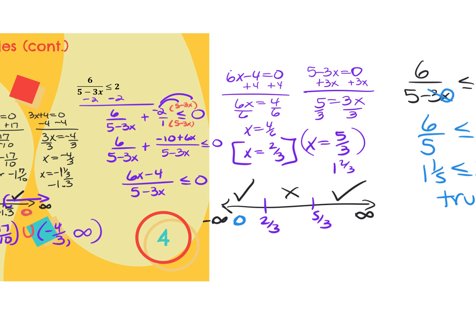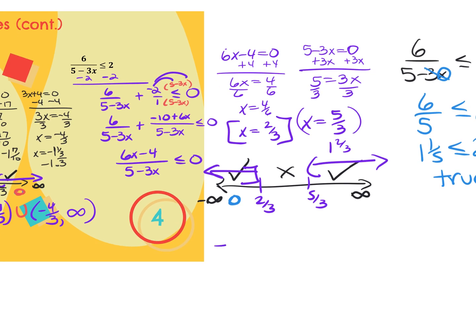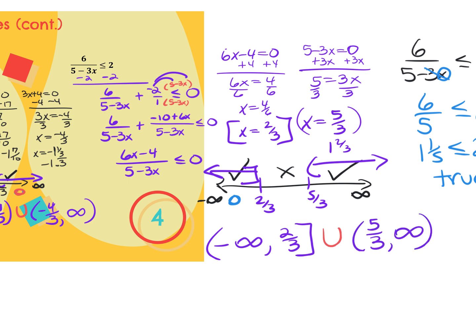So I'm going to put a bracket around the 2/3 going to negative infinity, but the 5/3 will be a parenthesis. So my final interval notation: negative infinity up to the 2/3 with a bracket, union with the 5/3 with a parenthesis to positive infinity. So the denominator answer, when it's a greater than or equal to or a less than or equal to, will never get a bracket, only the numerator.